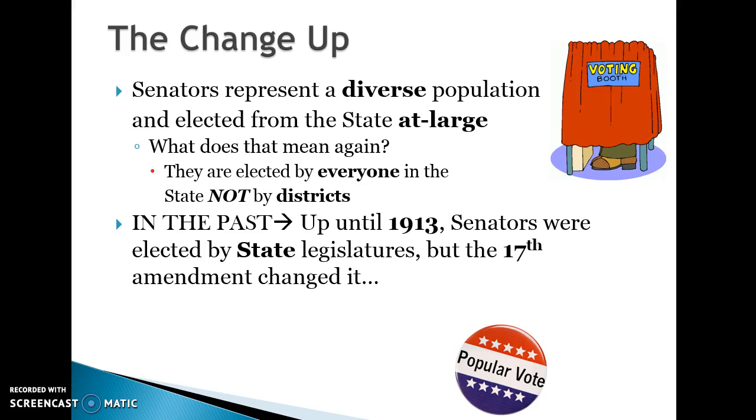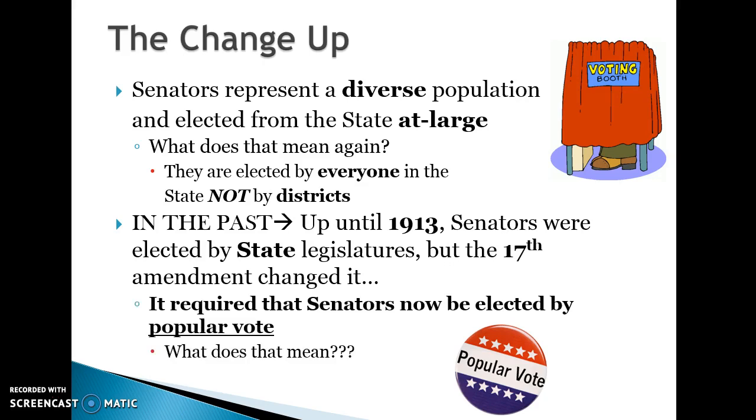Up until 1913, senators were elected by state legislatures, but that changed with the 17th Amendment. It required senators to be elected by a popular vote, which means by the people. Popular vote is just like everybody gets together and votes.